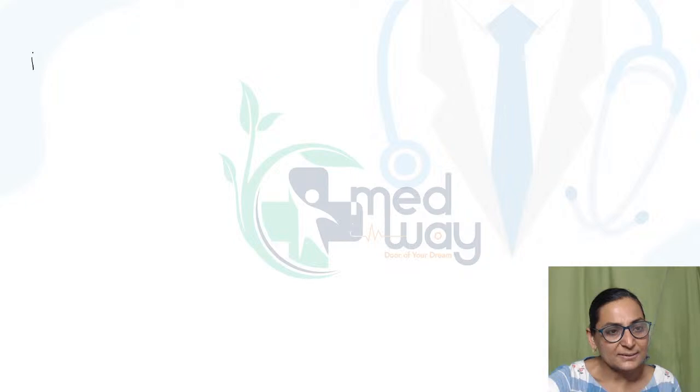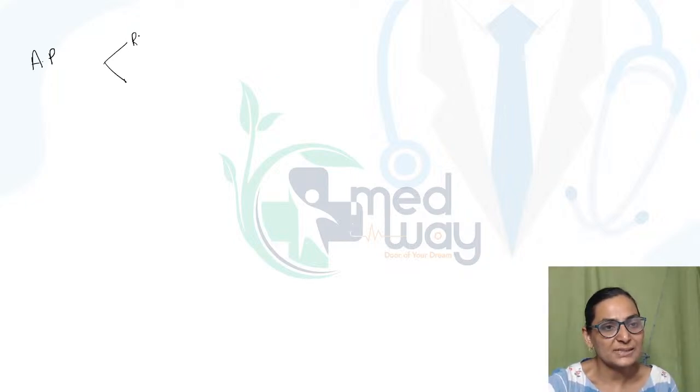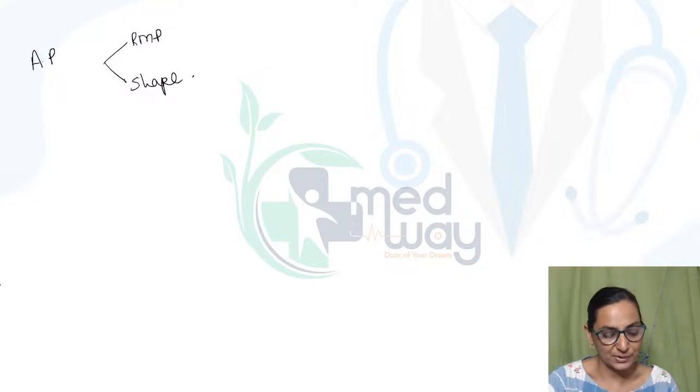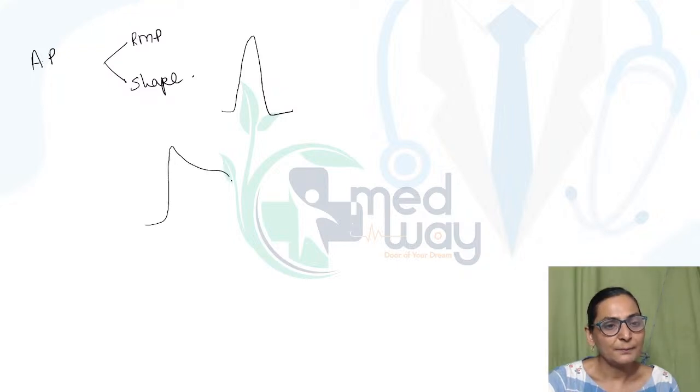Now, once you consider the action potential, you have to look into 2 points. First, what is the resting membrane potential? Okay, and second, what is the shape of that potential? Right? So, it can be a spike, it can be a plateau.